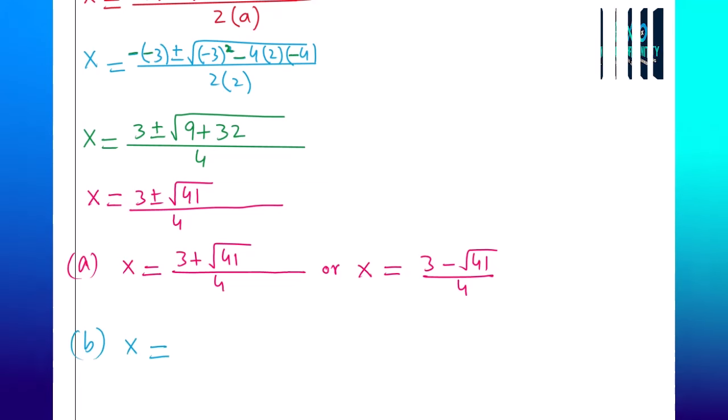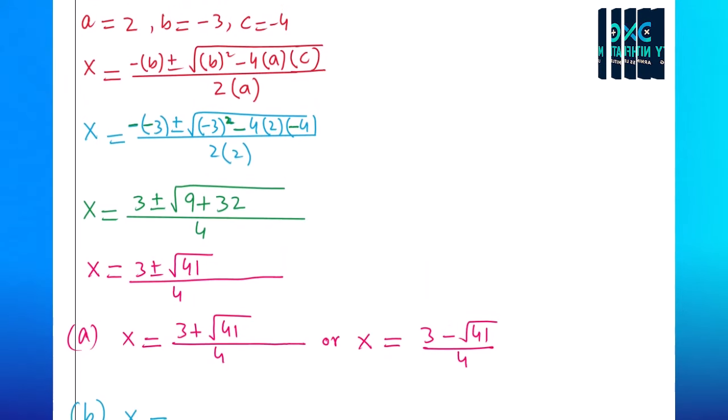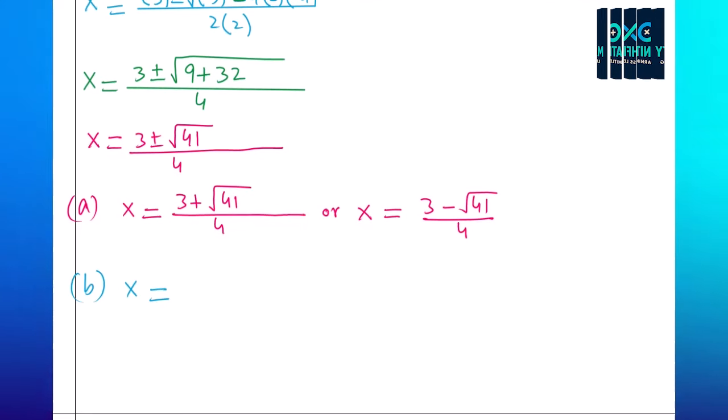X will be equal to... what are the values? 2, negative 3, negative 4. Okay. So for the B part, this is at 2 decimal places.